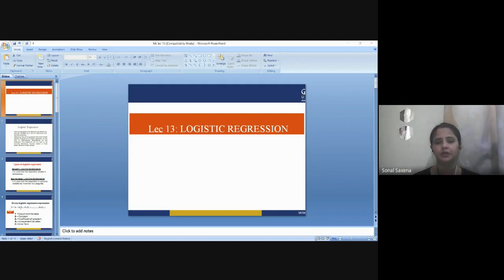In other words, does the independent variable help determine the dependent variable? Now, the p-value is used to determine if R square is statistically significant or not. And lastly, you should know that the cost function of linear regression is nothing but the mean squared error.